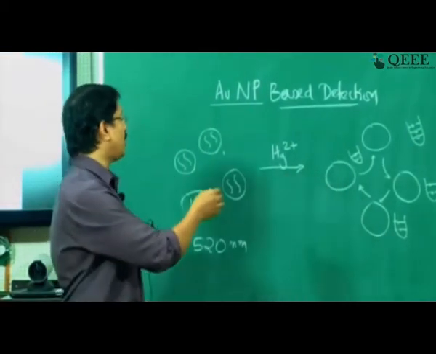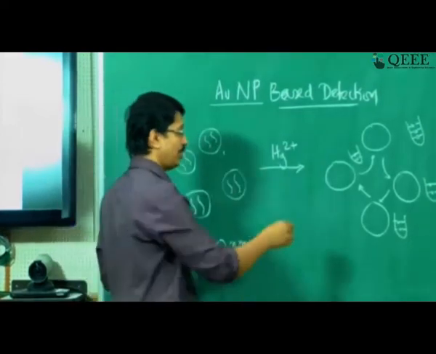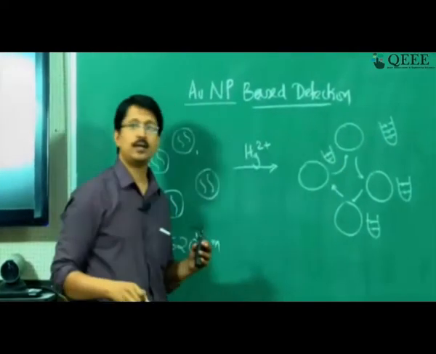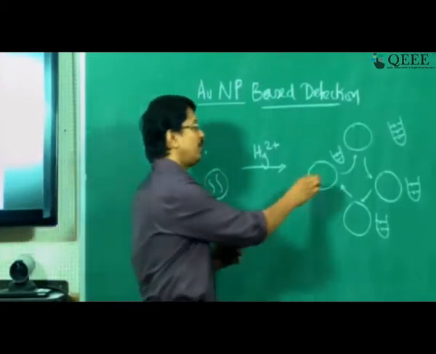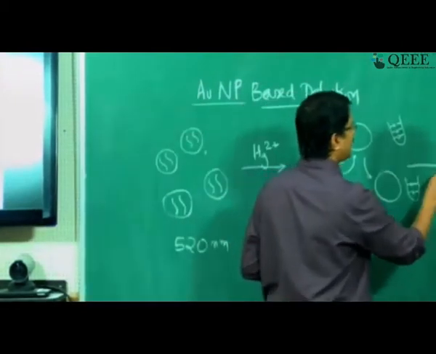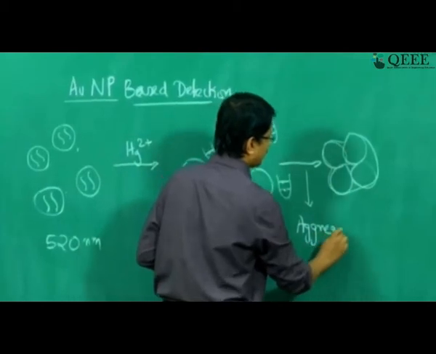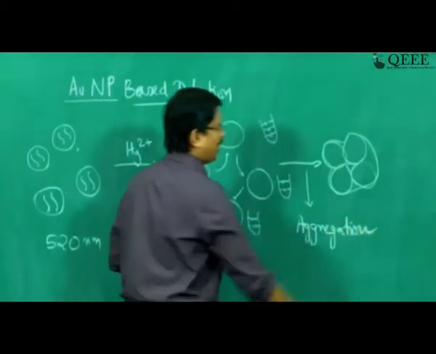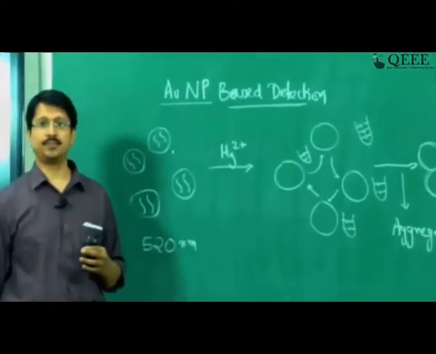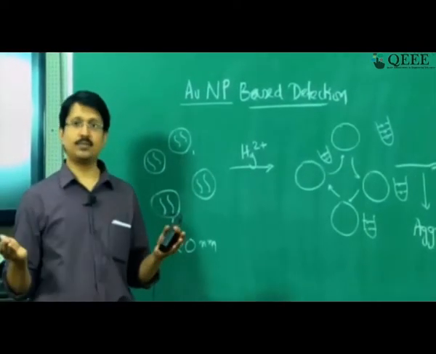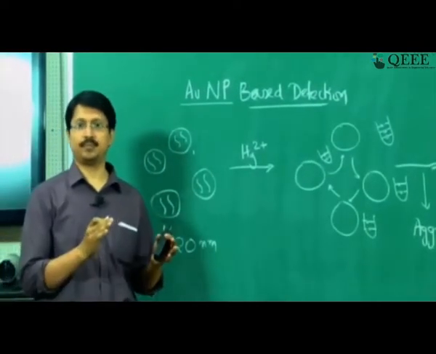So because of this stripping of the nucleotide by mercury, you are facilitating the aggregation process of gold nanoparticle. And as a result of aggregation, the size changes and absorption changes.